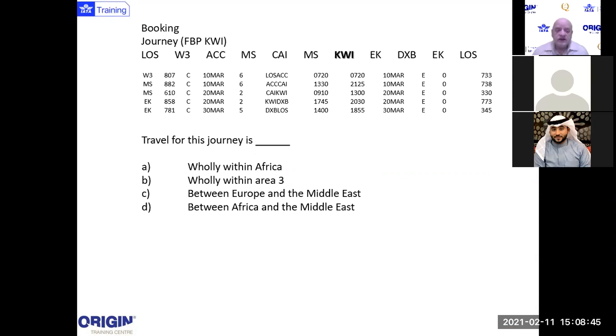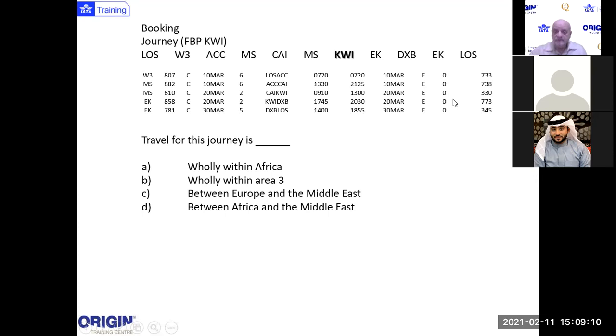Right. The journey, the fare break point is KWI, which is Kuwait. And we're going from Los, ACC, CAI, KWI. That's the outbound. Inbound is Los, Dubai, KWI.